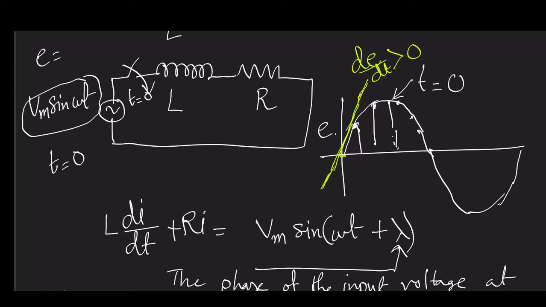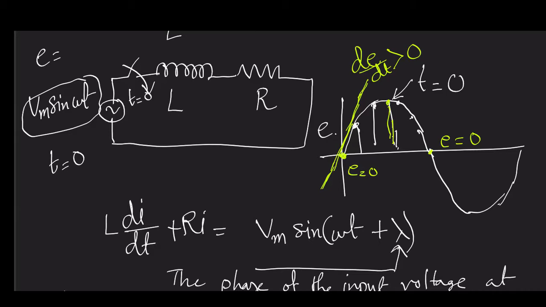We can have E is equal to 0 here as well as here. T is equal to 0, we know at what time, because if you connect an oscilloscope here, you can find out at which time point your LR circuit is connected with the source.